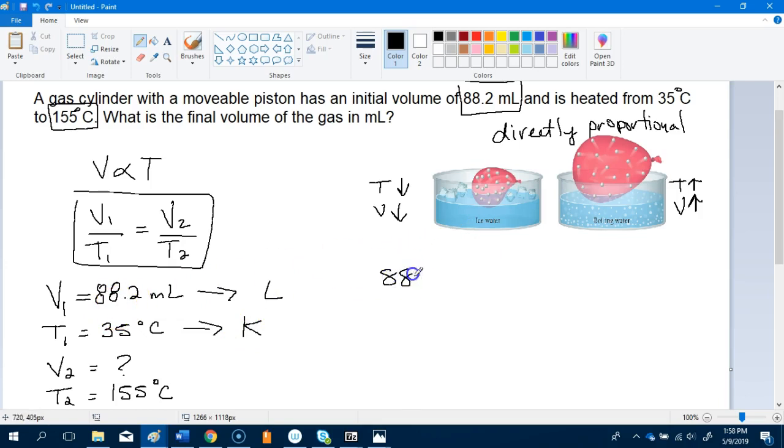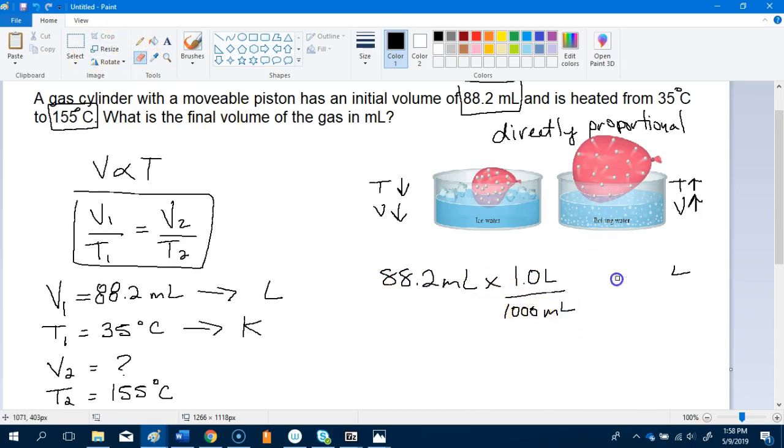This 88.2 milliliters, I need to get it to be liters, so I'm going to multiply it by the conversion factor of 1 liter is equal to 1,000 milliliters. So in effect, that's taking 88.2 milliliters, times 1, and then divided by 1,000.